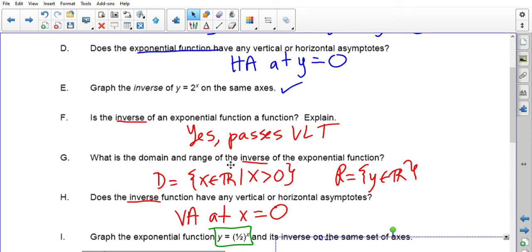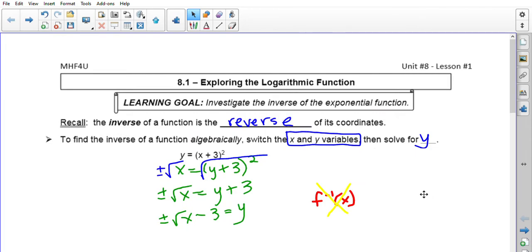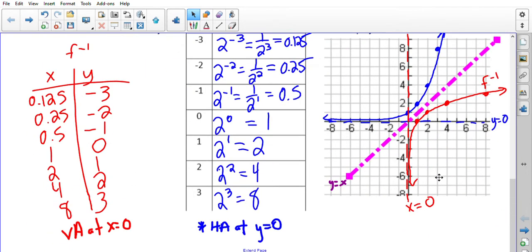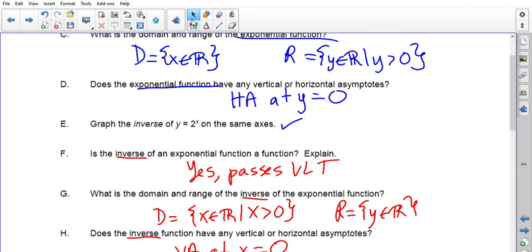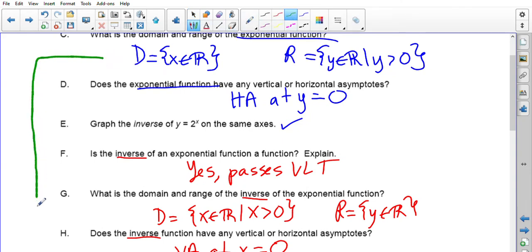What is the domain and range of the inverse of the exponential function? So if we go to the inverse, the domain has now been restricted because now you can only have x values greater than 0. And now because this arm's going to keep expanding and this arm's going to keep going down, the range is now y ∈ ℝ. And remember, that makes sense based on our rules from Unit 1, right?